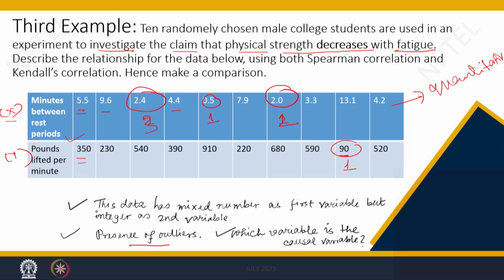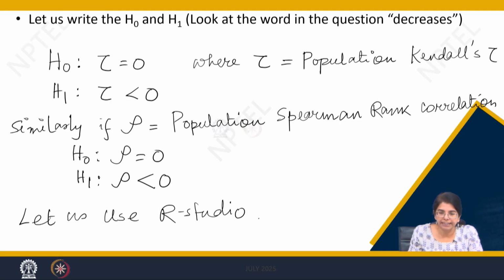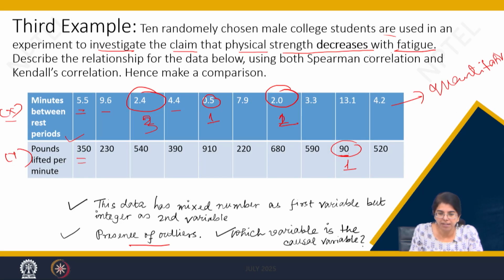You can check out the causal variable from this language: decrease with fatigue. So the causal variable will be minutes between rest periods, and the effect variable will be pounds lifted per minute.